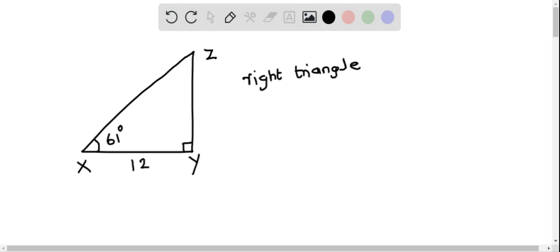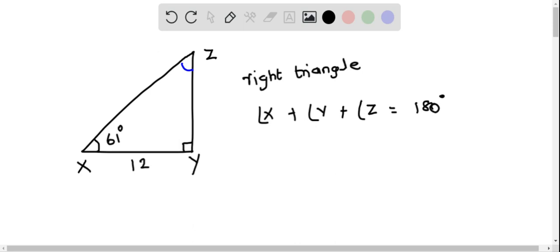So first I'm going to determine this angle Z. This can be determined using the angle sum property of a triangle, which is basically the sum of all the interior angles of any triangle equals 180 degrees. And this means angle X plus angle Y plus angle Z equals 180 degrees.